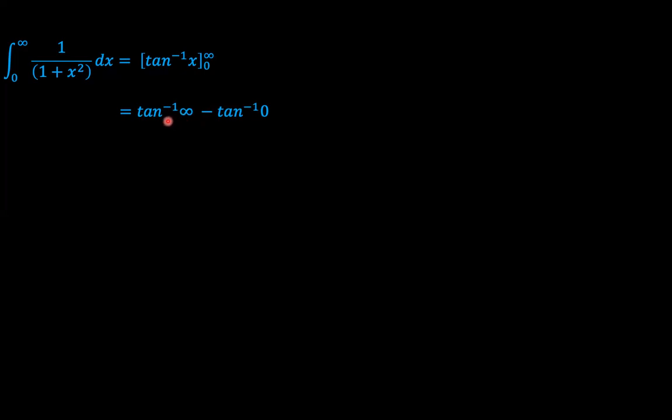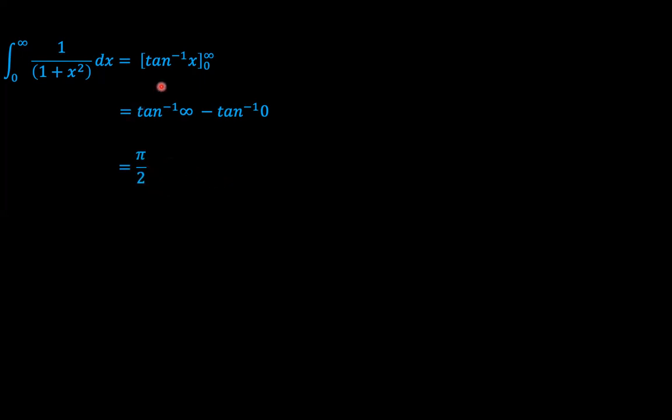The more correct way is the limit of x tending to infinity of the arctangent of x. Here, the popular thing that we know is that this tends, not to infinity, but to pi over 2. And when x tends to 0, the arctangent of x tends to 0. So our answer here is pi over 2.